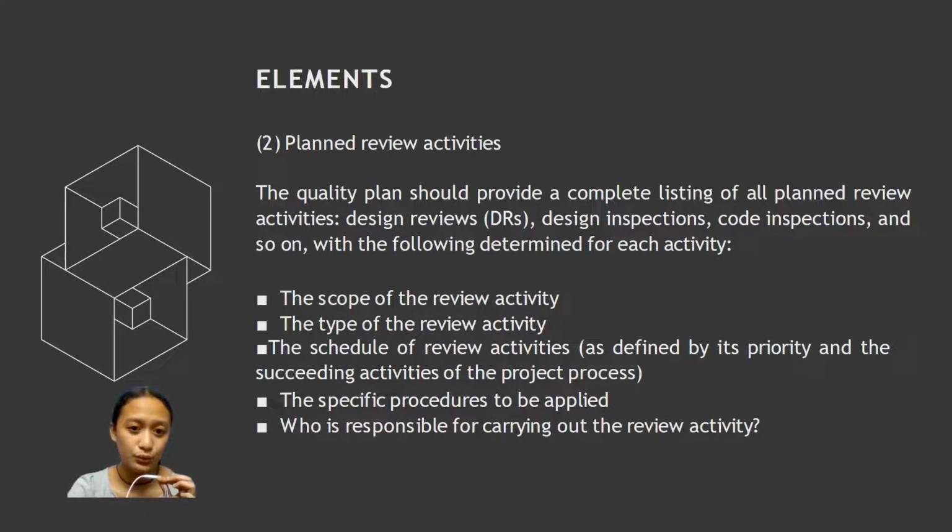This includes the scope of the review activity, the type of the review activity, and the schedules of the review activity as defined by its priority in the succeeding activities of the project process. Next are the specific procedures to be applied. And lastly, who is responsible for carrying out the review activity.